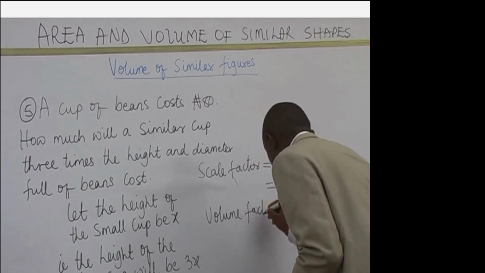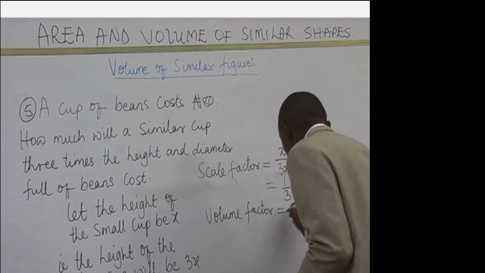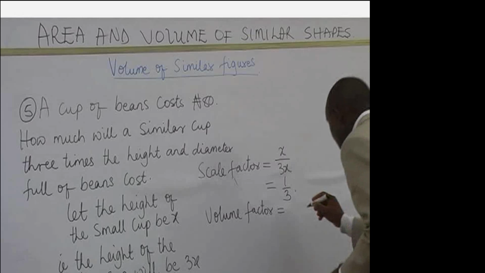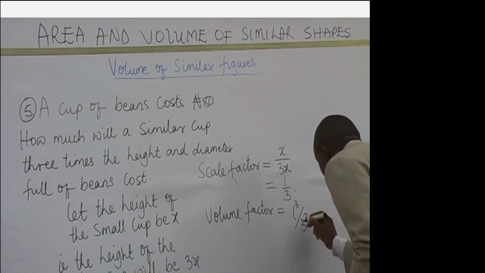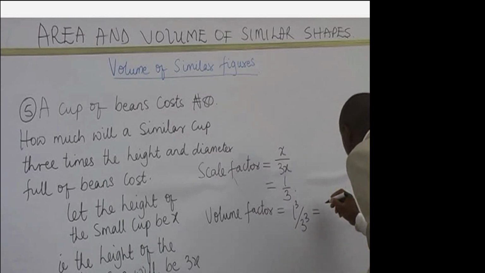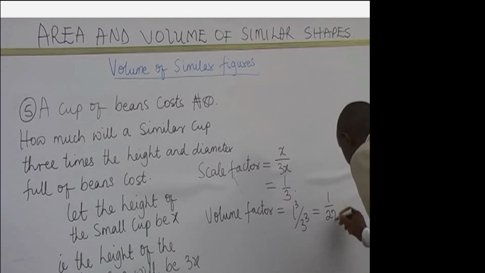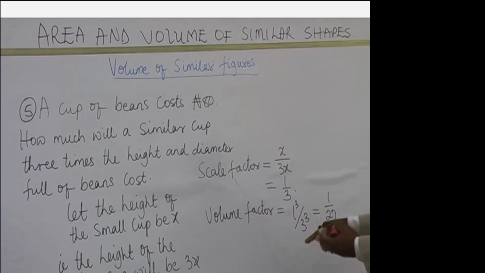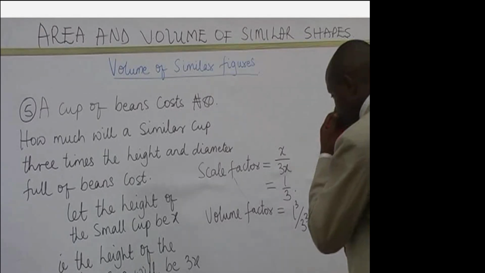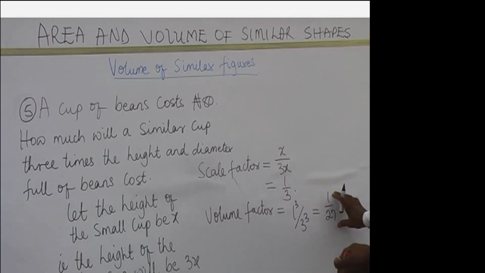Volume factor is the cube of the scale factor. So we have 1 cube all over 3 cube, which will give us 1 all over 27. 1 times 1 times 1 is 1. 3 times 3 is 9. 9 times 3 is 27.